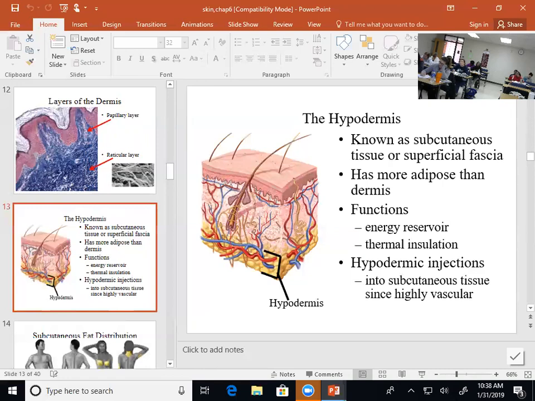It's composed of a lot of adipose tissue, but it's also composed of blood vessels, blood that's bringing oxygenated nutrients here and also returning deoxygenated blood in these veins, right? So it's very highly vascular, and this is why we can give hypodermic injections and try to get medicine pretty quickly to the system. Because is it very vascular? And through diffusion, would that get to your system pretty well?